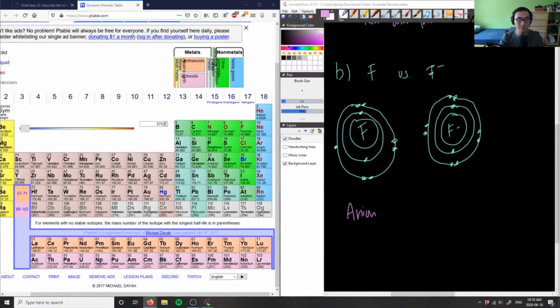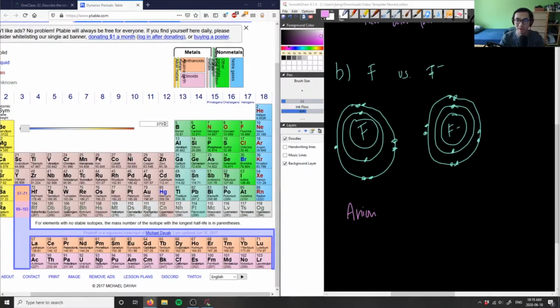The first shell is full, whereas the second shell is very close to full. It's again seven electrons short. And for F minus here, we also have two shells, except the difference is that the second shell is actually full as well.